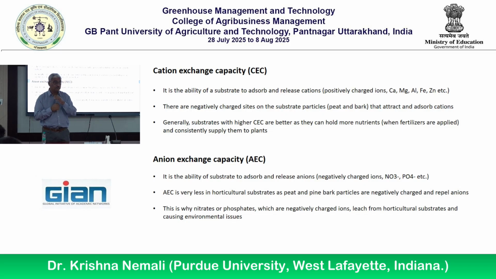Now, the solid particles of the soilless substrate are negatively charged. Just like clay is negatively charged, the cocoa peat or coir or peat particles are negatively charged. If they are negatively charged, what happens to anions?